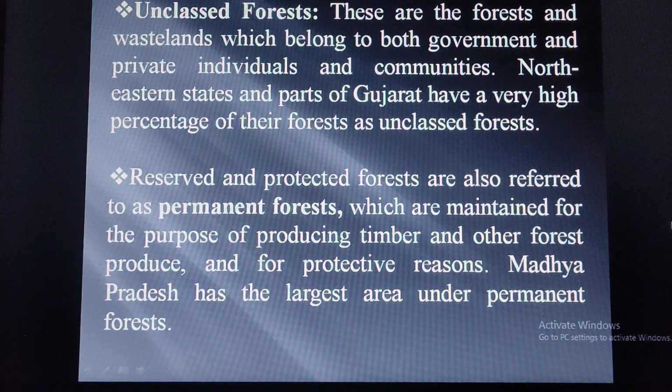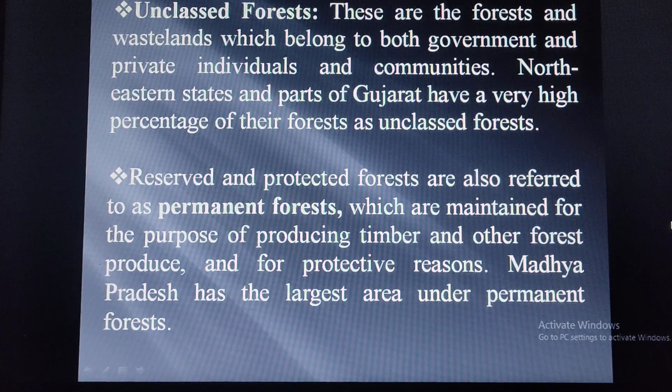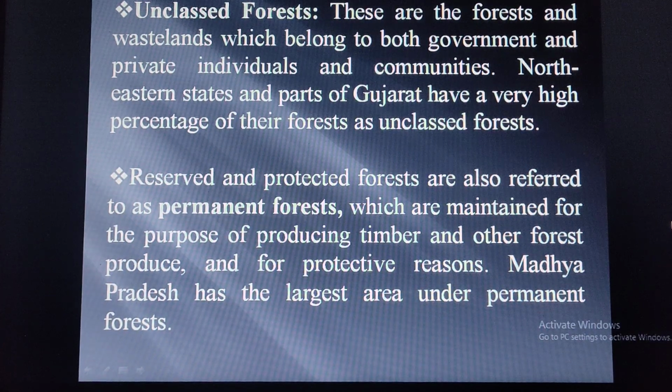Unclassed forest. So what is unclassed forest? These are the forests and wasteland which belong to both government and private individuals and communities. For example, northeastern states and parts of Gujarat have a very high percentage of their forests as unclassed forests.